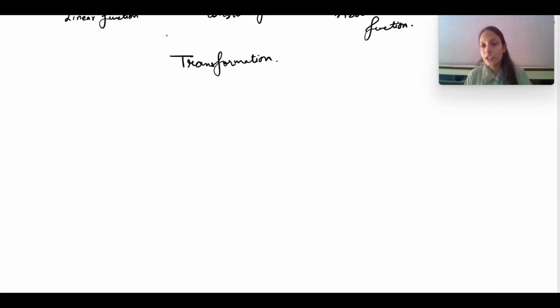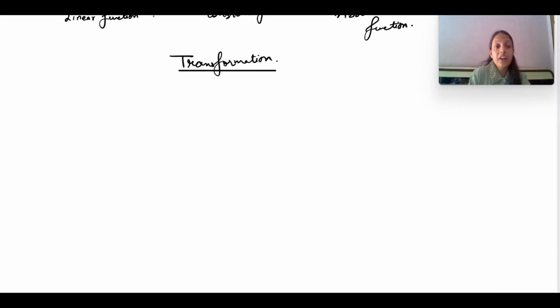Translation means we are shifting the function left, right, up or down. If any of these four changes are there in the function compared to the basic parent function, we say the function has a shift. It shifted left, right, up or down, depending upon how many units.